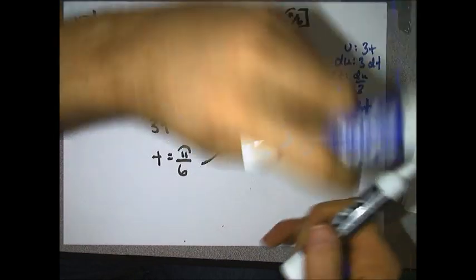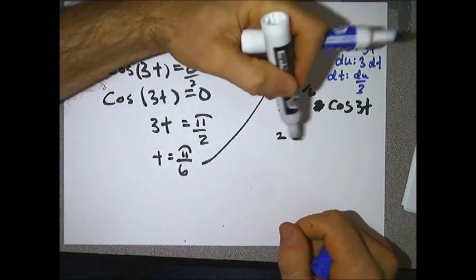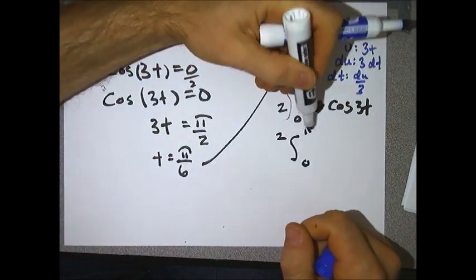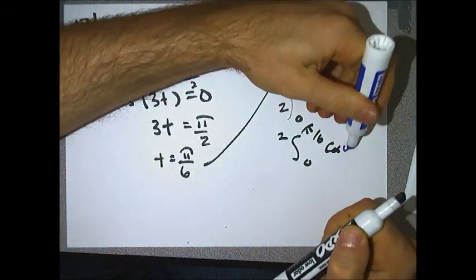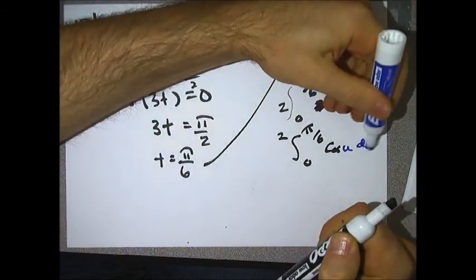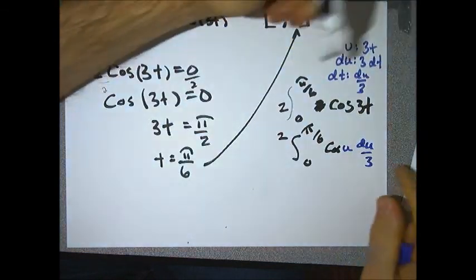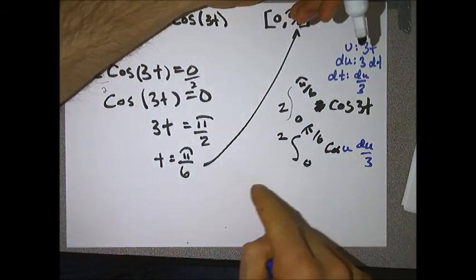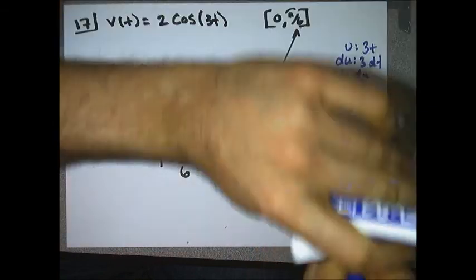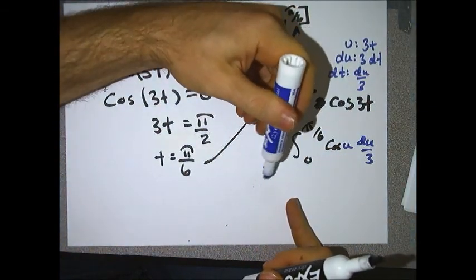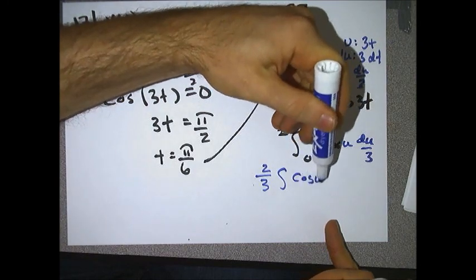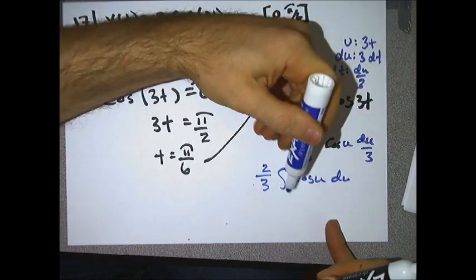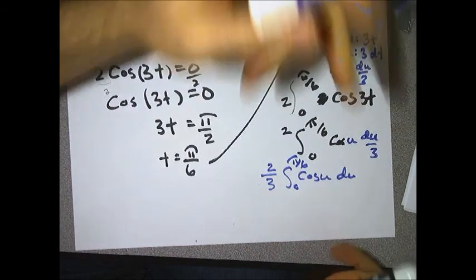Plugging in now, I have 2, still the same integral from 0 to pi over 6, cosine u du over 3. So I'm pulling out not a 3, I'm pulling out a 1/3, but there's already a 2 out front. So now I'm going to have 2/3 integral cosine u du from 0 to pi over 6.